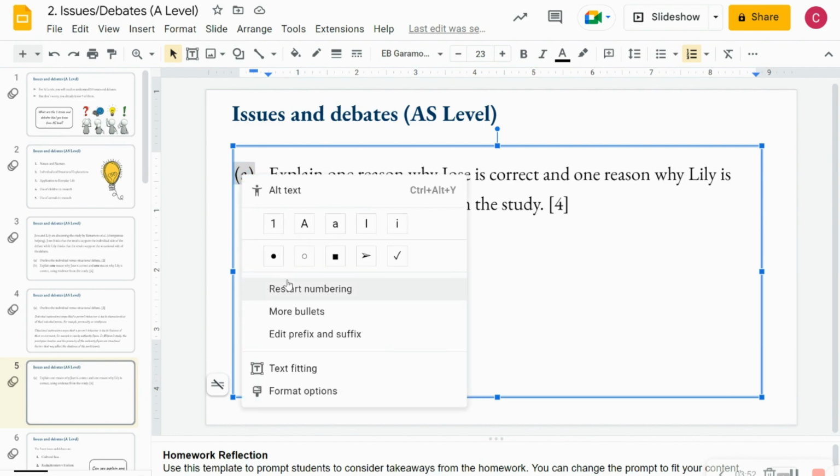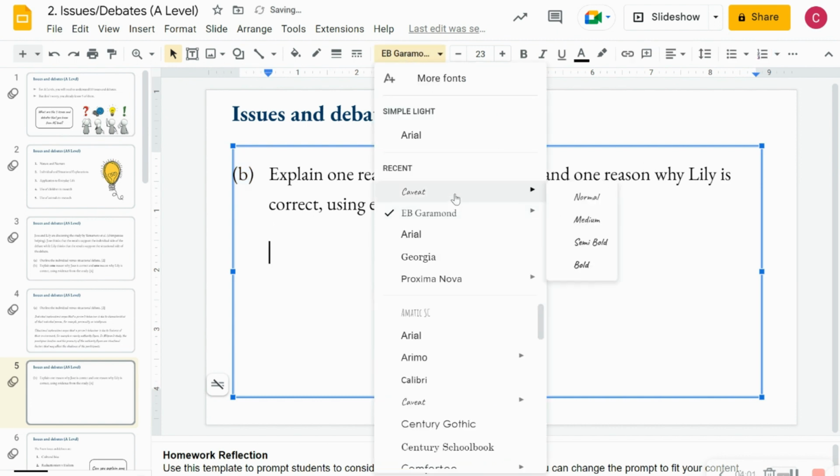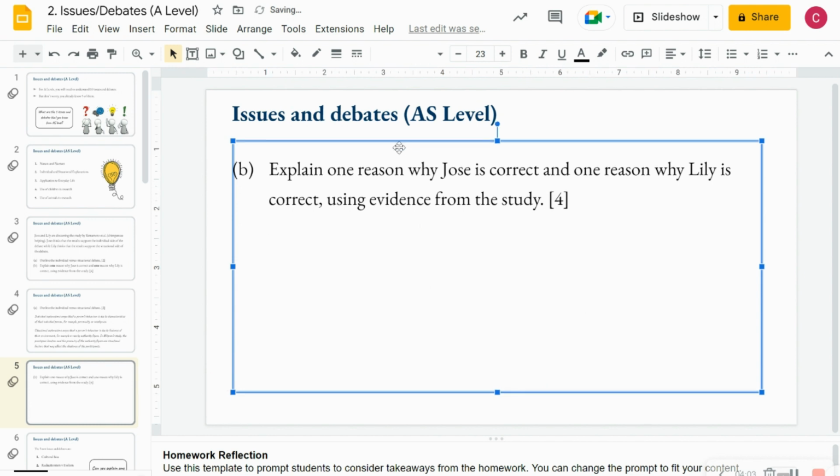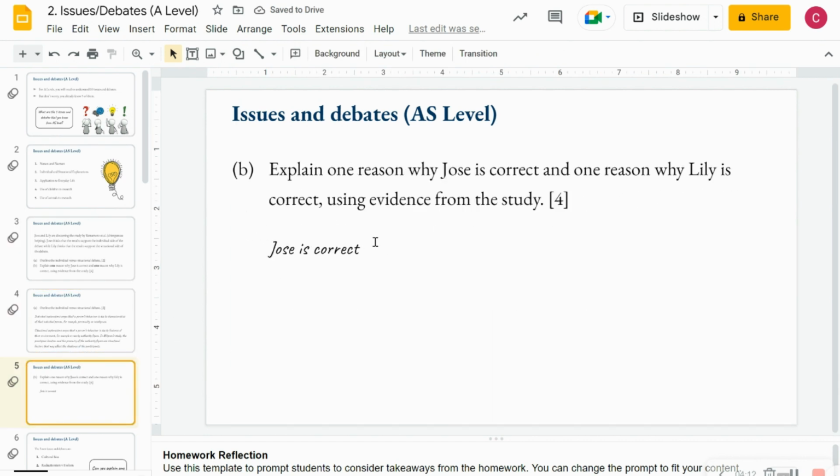Question B. Explain one reason why Jose is correct and one reason why Lily is correct. So think of it as two markers. So, Jose, start with him. Jose is correct. What did he say again? The individual side of the debate in Yamamoto.